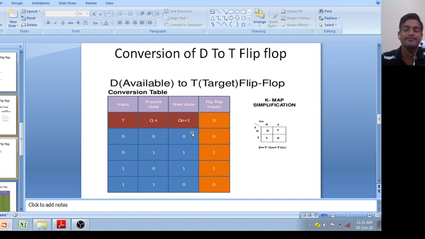In this case D equal to T XOR Qn, and in another case T will be D XOR Qn. If A XOR B equal to C, B XOR C will be A. If in this case D equal to T XOR Qn, so T will be D XOR Qn. In this way you can convert T flip-flop into D flip-flop.